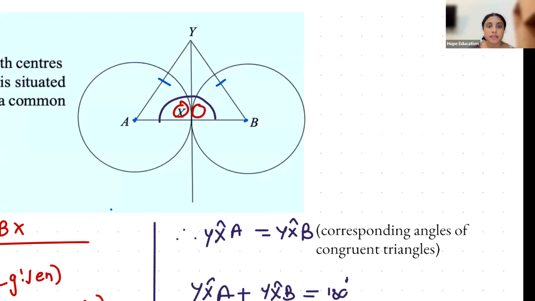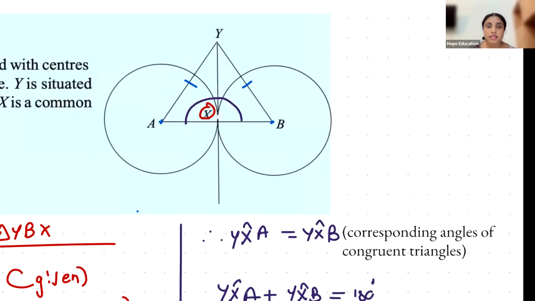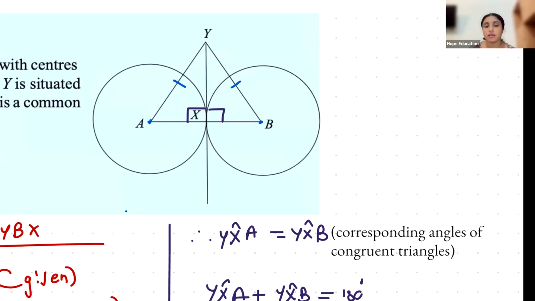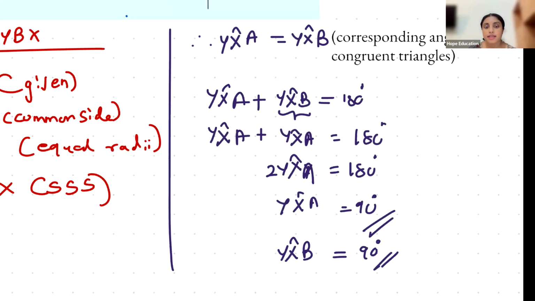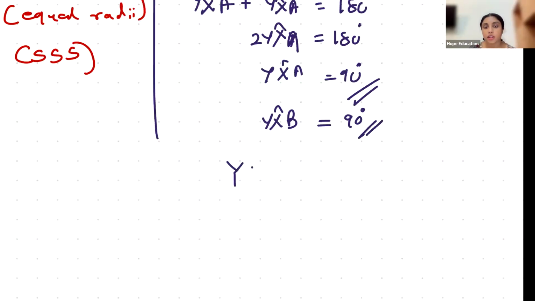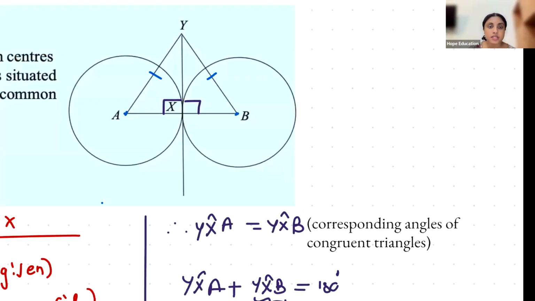So now this is 90 and this is 90. Therefore, YX should be a tangent. So we can write YX is perpendicular to AX. Here YX is perpendicular to AX. Therefore, YX is a tangent to this circle, and to that circle.